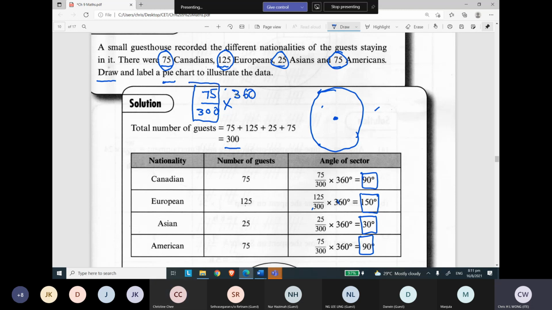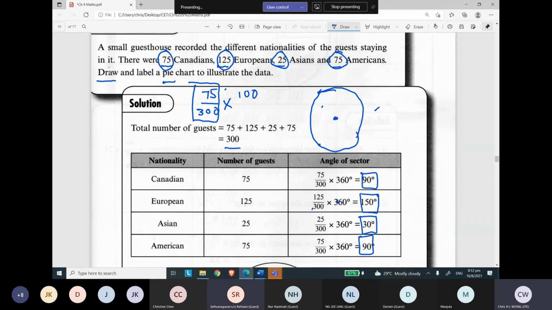If I don't times 360, and I want you to change it to percentage, I cannot times 360 there. I should times how much? 100. Very good. If I want to change it into a percentage, I need to times 100.